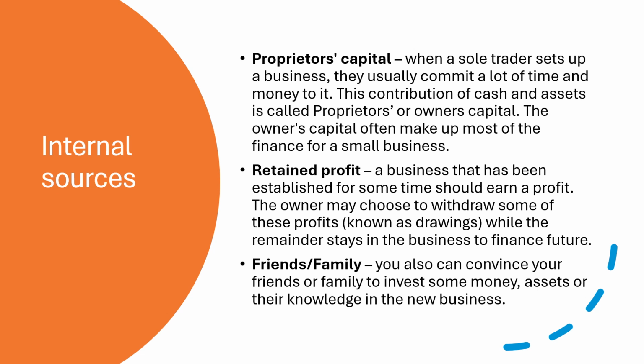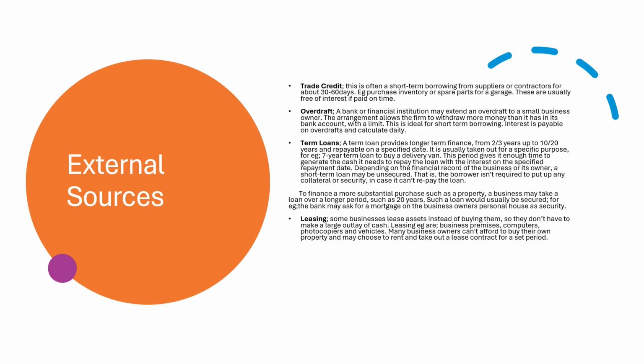Profits earned by an established business can be reinvested instead of being withdrawn. The portion kept in the business helps fund future growth and operations. And then they have support from friends or family. In some cases, friends or relatives may contribute money, assets, or even expertise to help start or grow the business.